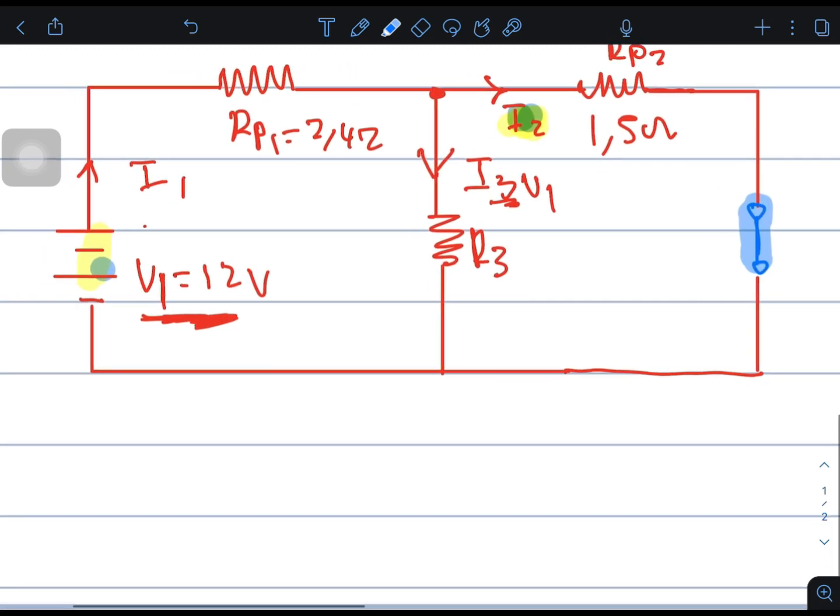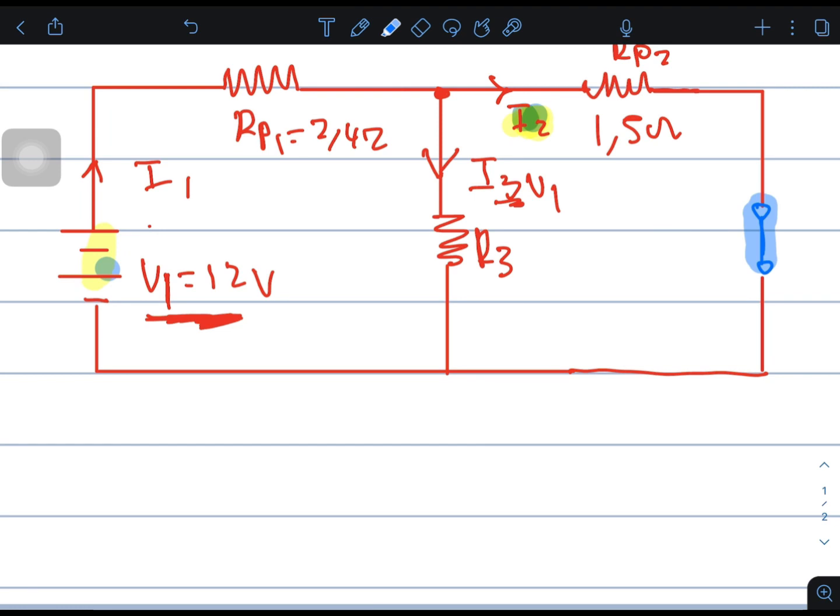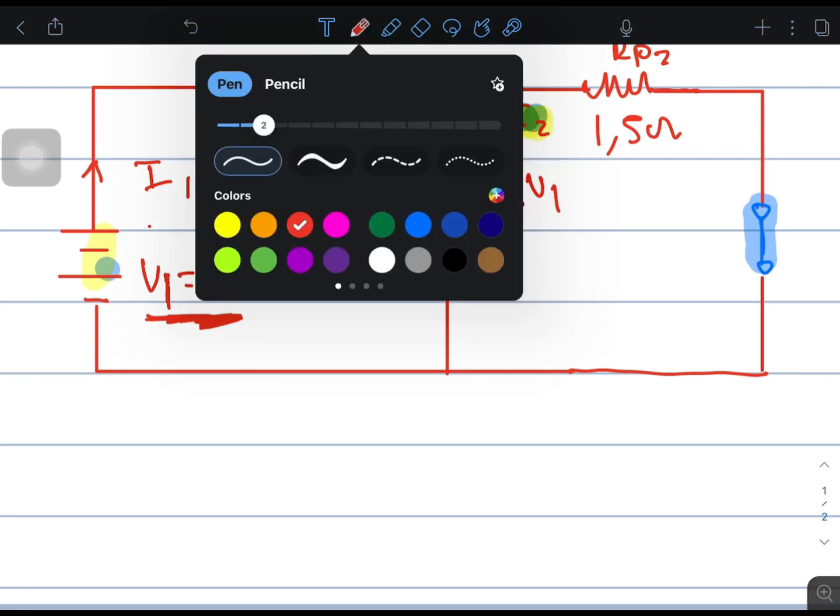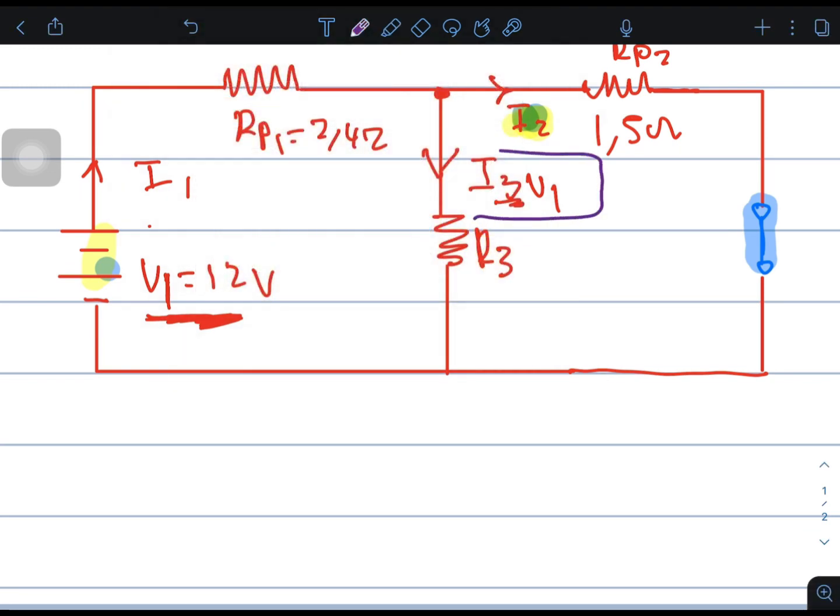Now that I've shown you the circuit and drawn the current, which current do we need to find? The main current we need to find is this one, because this is the amount of current contributed by V1 in this branch.